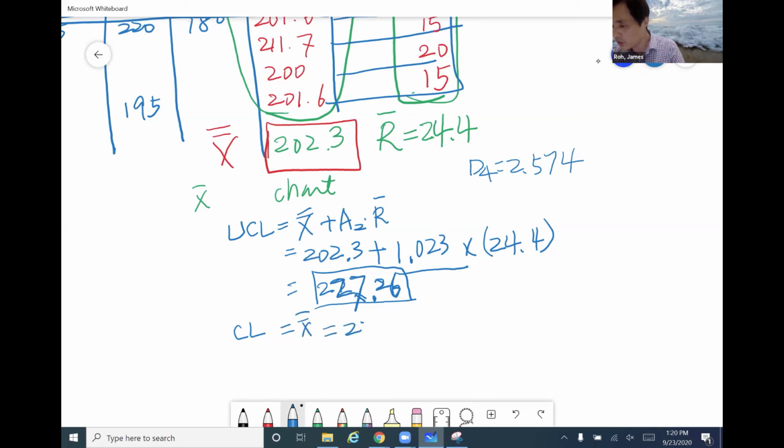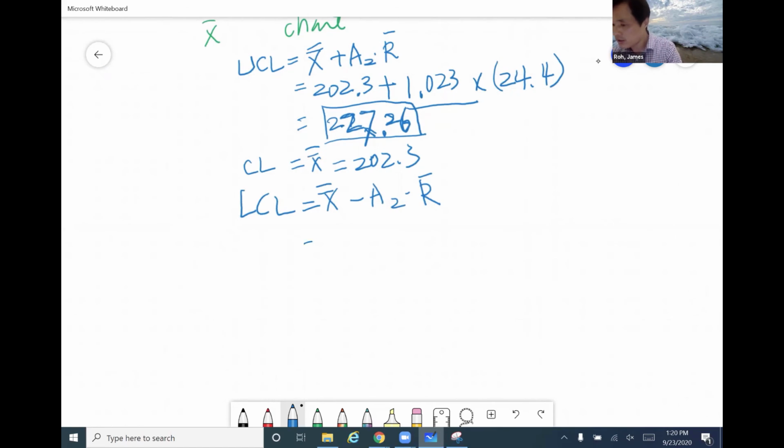Now, center line is going to be x double bar, which is 202.3. Now, lower control limit is x double bar minus A2 times R bar. And that's 202.3 minus 1.023 times 24.4. What is it?